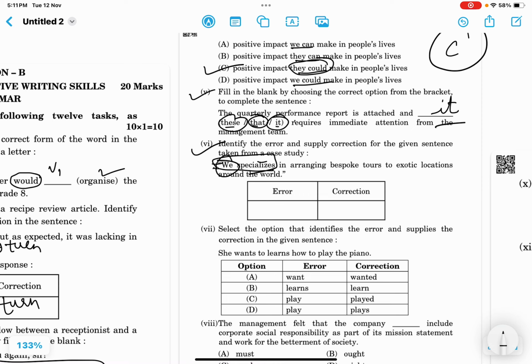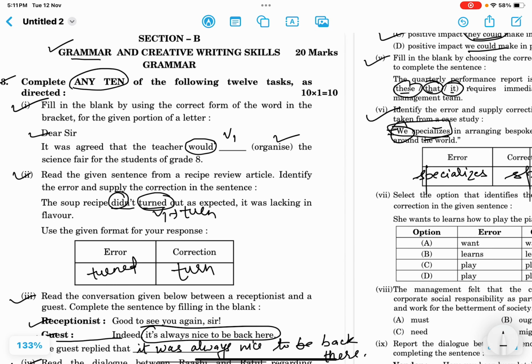So subject needs to be kept the same. So what we are to do, we are to change specializes into specialize. Okay, so the error is specializes and the correction is specialize. Okay, very easy. First question was very easy, second was also very easy.